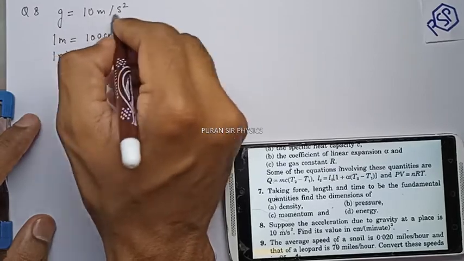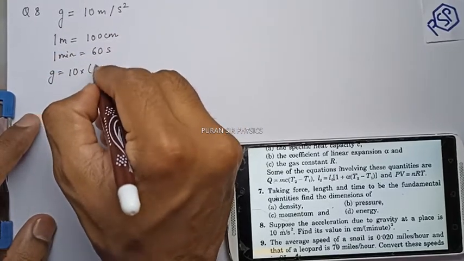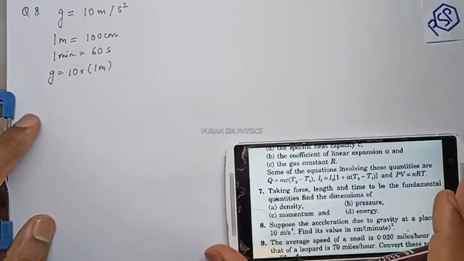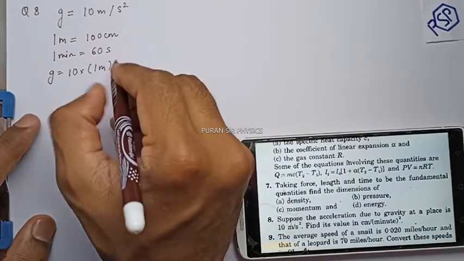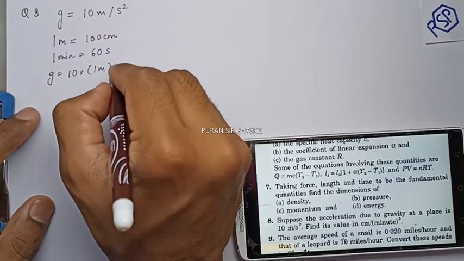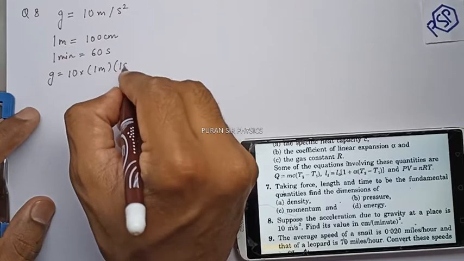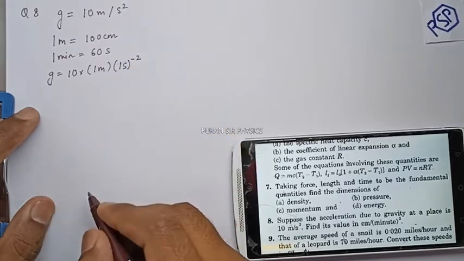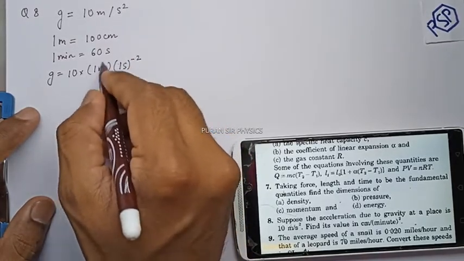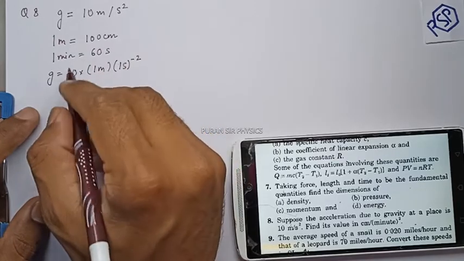So we can write g is equal to 10 times 1 meter, and 1 second raised to power minus 2.